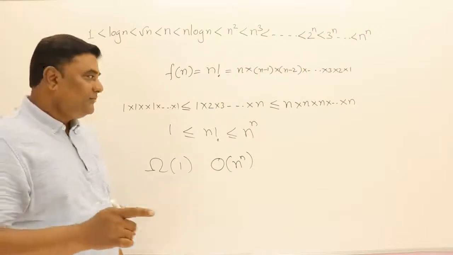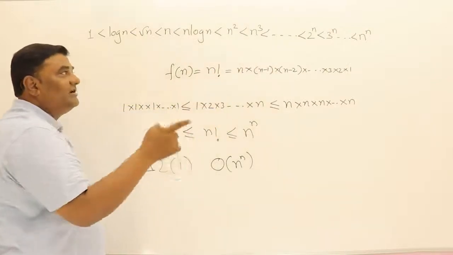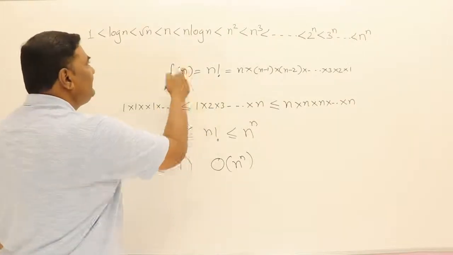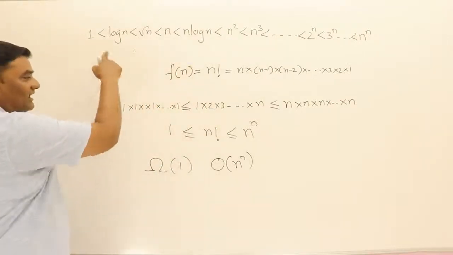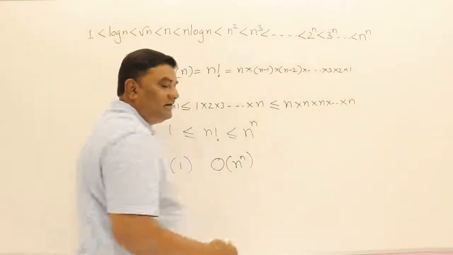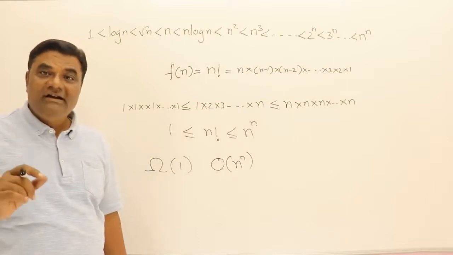So if you try to put n factorial in the classes, a class is not there for n factorial. For smaller values of n, it will be nearer to this one, and for larger values of n, it will keep increasing and go up to n power n. So you cannot fix a particular place for n factorial.